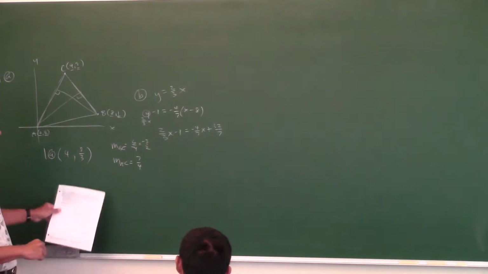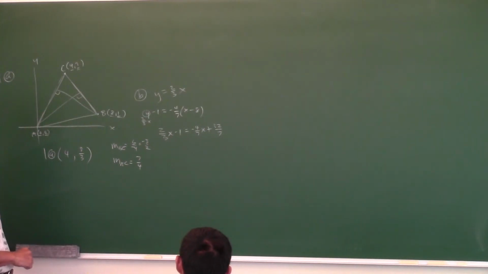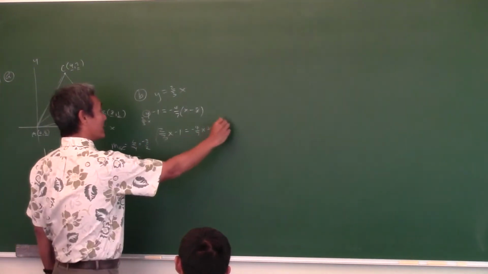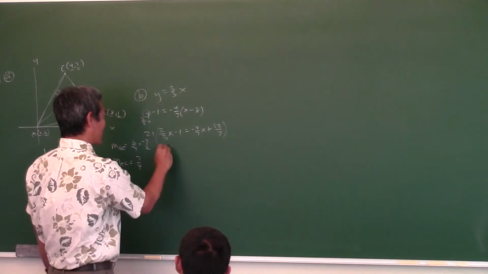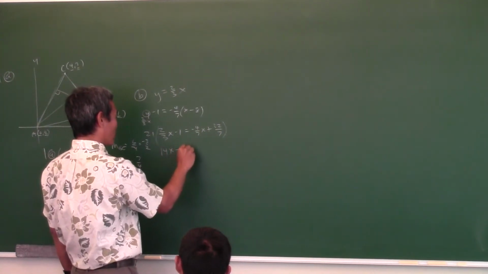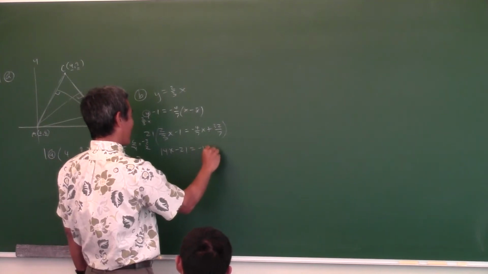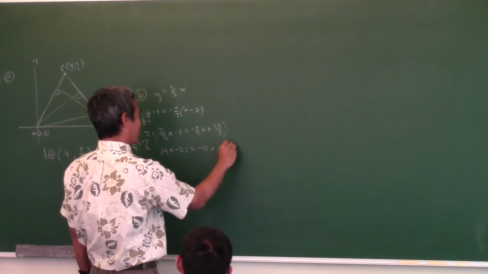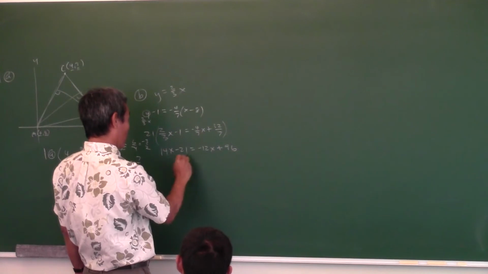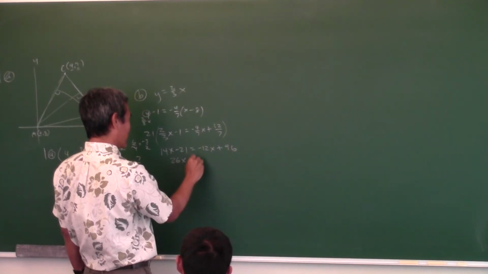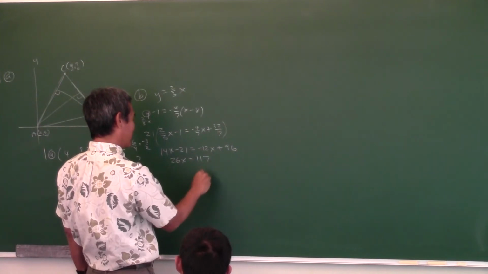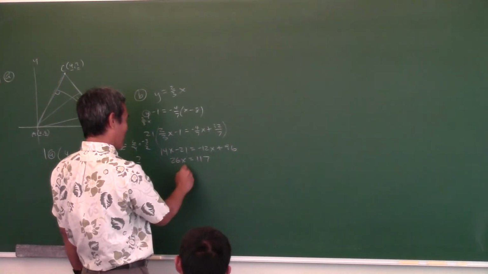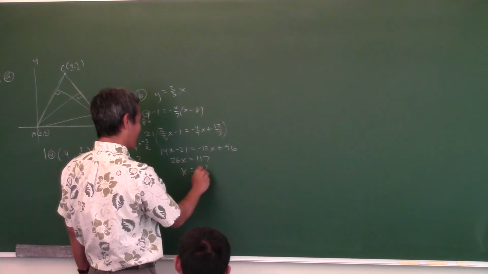Okay, now, what's the next step? Get rid of the fractions. Multiply both sides by 21. So if you do that, you get 14x minus 21 is equal to negative 12x plus 96. So 26x is equal to 117. Is that right? So x is equal to 117 over 26.